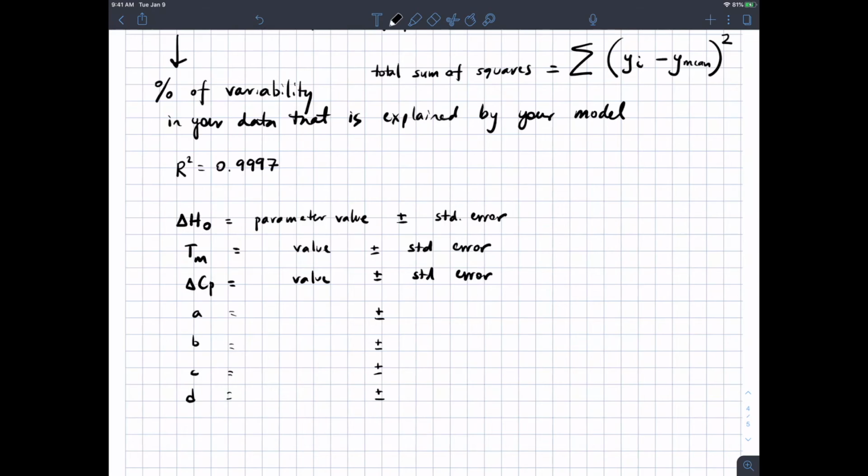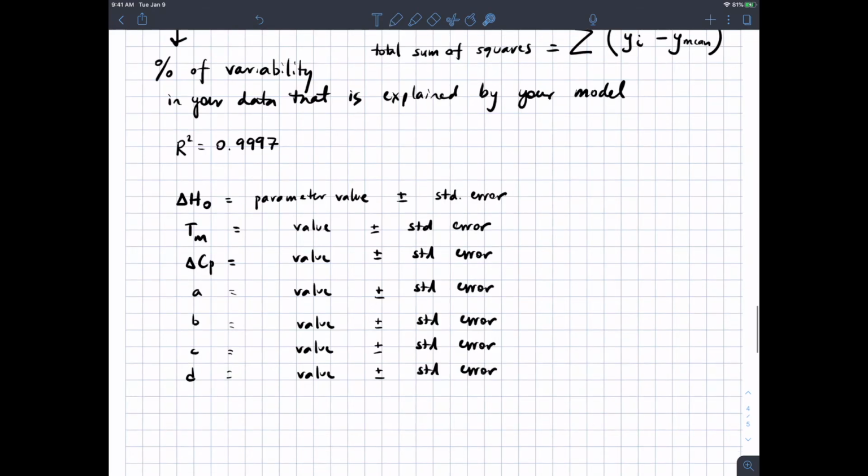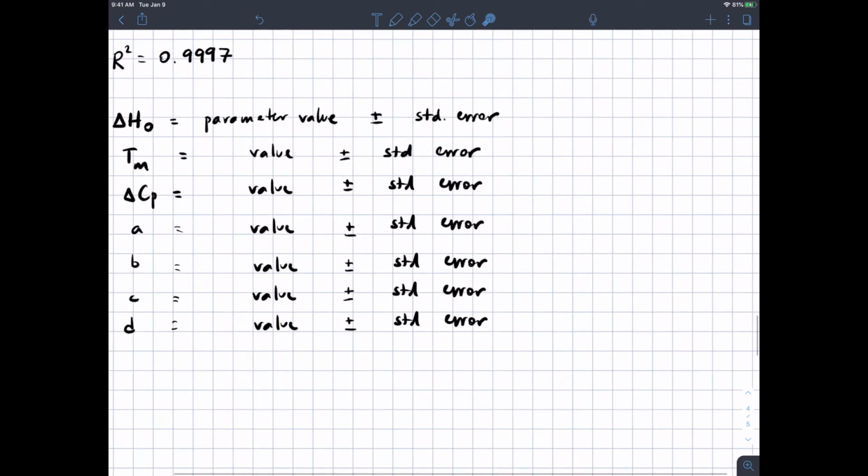Okay. Now the next step is important, because we need to have a way of determining how well we know these parameter values. And so we're going to, for each parameter, generate a t-statistic for the null hypothesis that the parameter, we don't actually know what it is, is equal to 0.